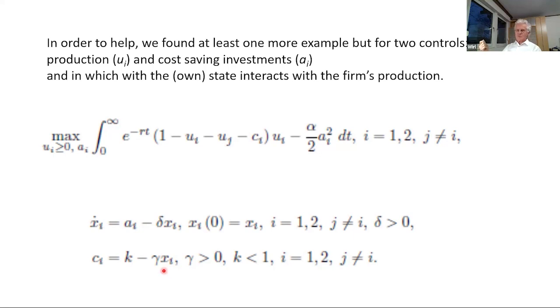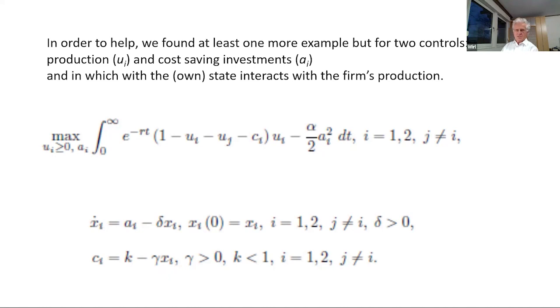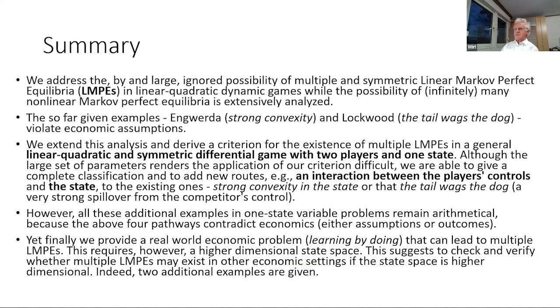One is to produce, and the second to invest in order to reduce future costs of production. And in this example, I also do get multiple equilibria. That's so far. Okay? So I'll come to summarize.